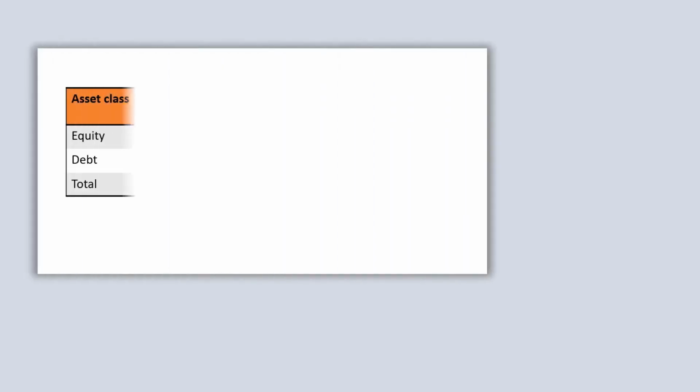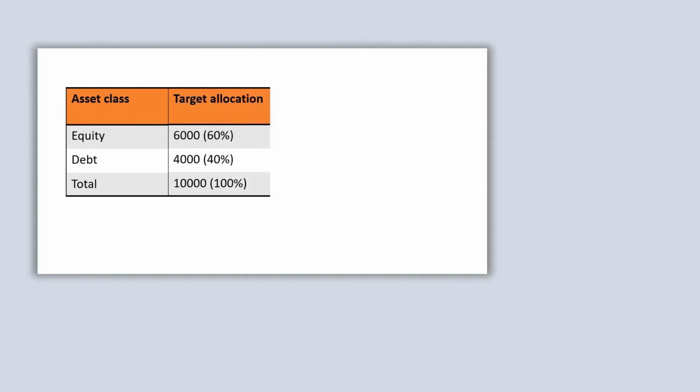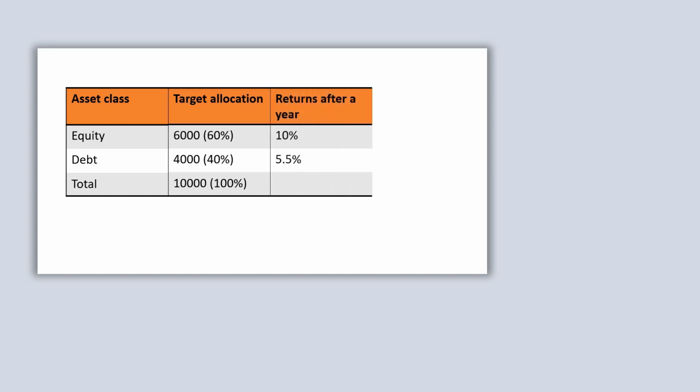Suppose a portfolio has two basic asset classes, that is debt and equity, with their target weights of 40 and 60 respectively. Now, after a year, equity returns increase by 10% and debt by 5.5%. Due to the increase in their return percentages, their allocation in the portfolio also increases.